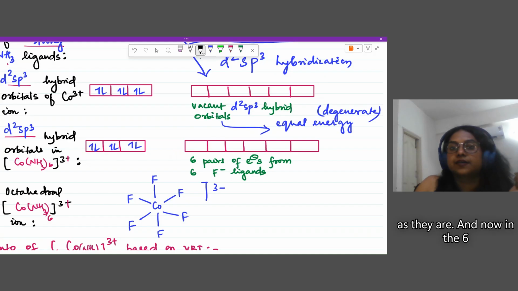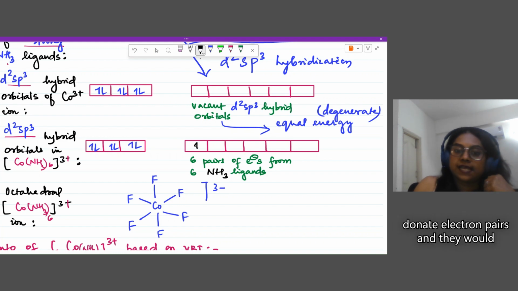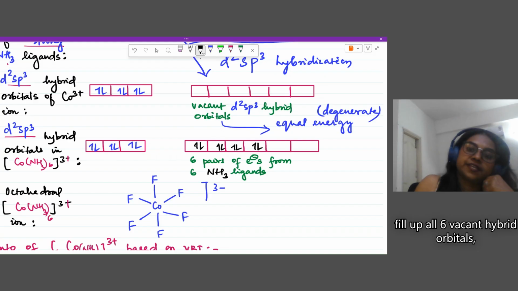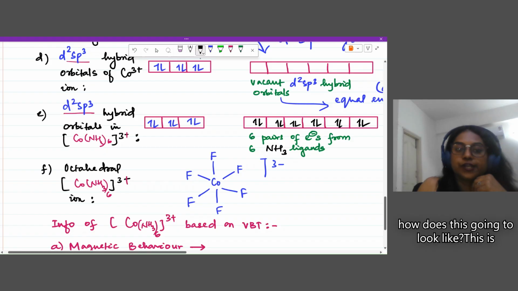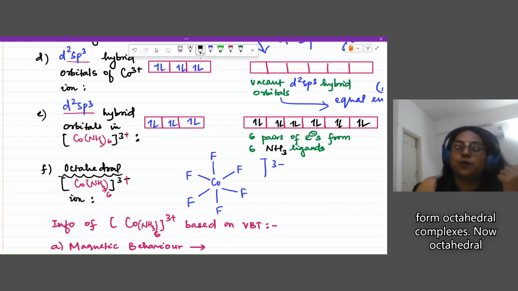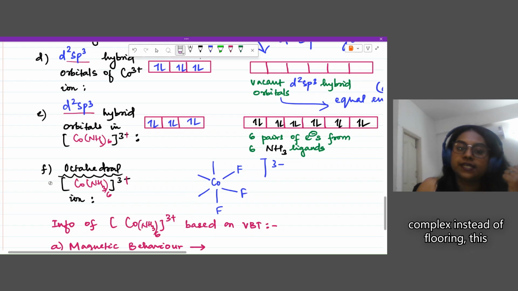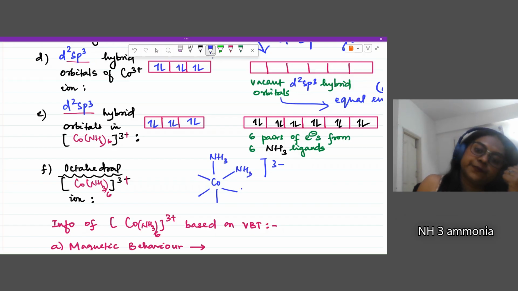And now in the six vacant d2sp3 orbitals, six of the NH3 ligands are going to donate electron pairs, and they fill up all six vacant hybrid orbitals. So how is this going to look? This is also an octahedral species because anything with six ligands usually forms octahedral complexes. Instead of fluorine, all six ligands are now ammonia. So we write NH3, NH3, ammonia all the way through.